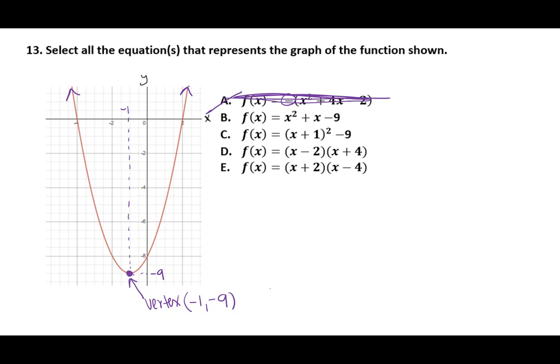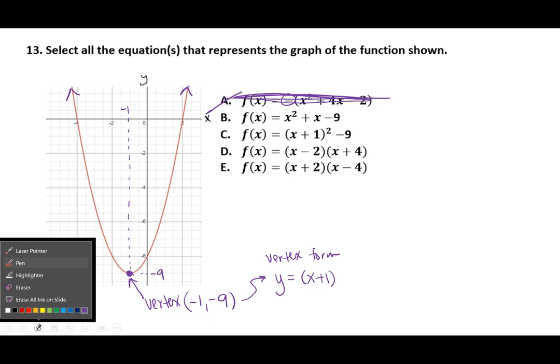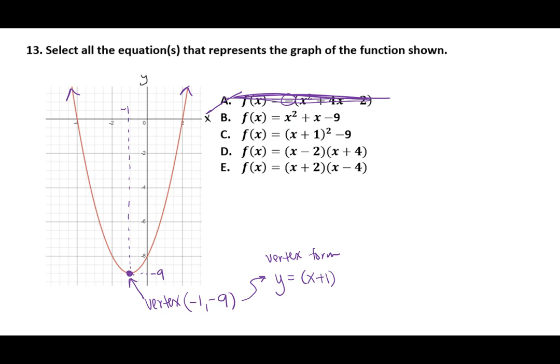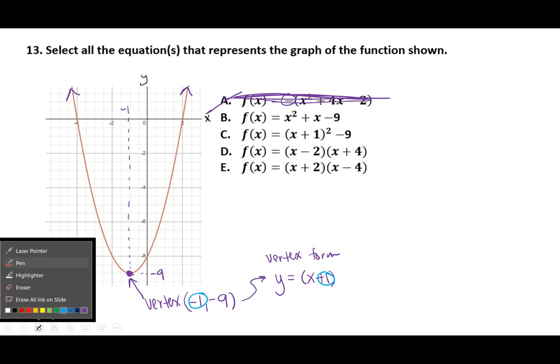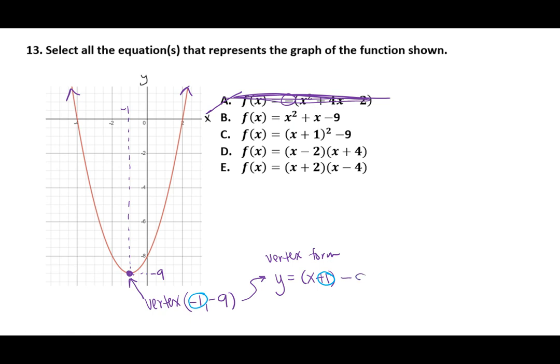So in vertex form, that will be y equals (x plus 1) squared minus 9. Remember, in the equation, the x value changes signs. Okay, so don't forget the squared. So it is C. C is one of the answers.